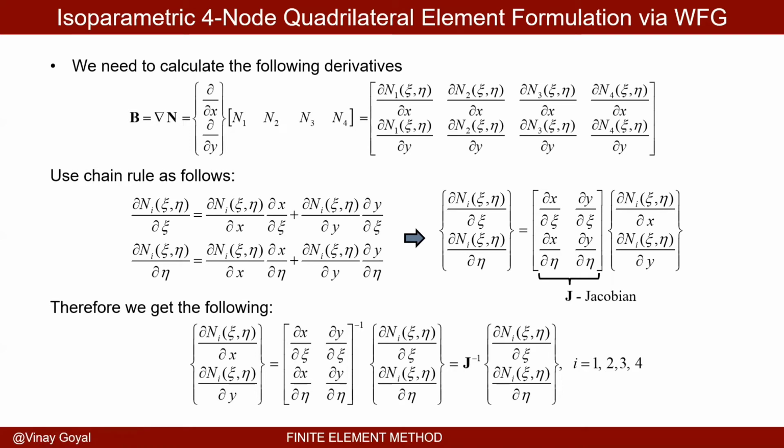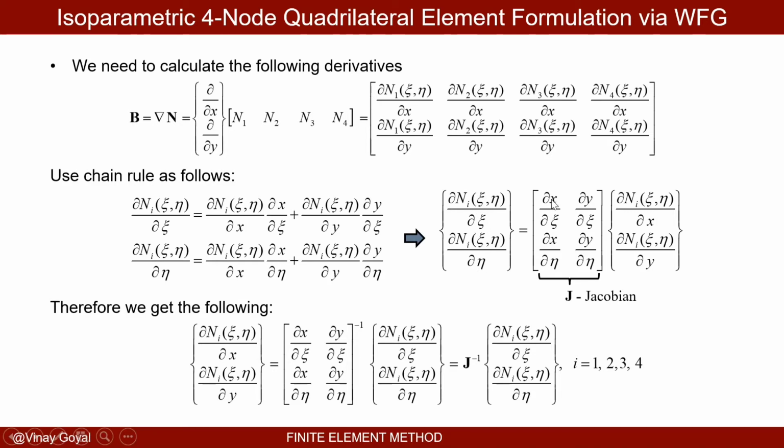And note that what I really want is this derivative. That derivative is this column vector here. How do I find that? Well, the good news is I know N1, N2, N3, N4 in terms of ξ and eta. So I can calculate these derivatives.